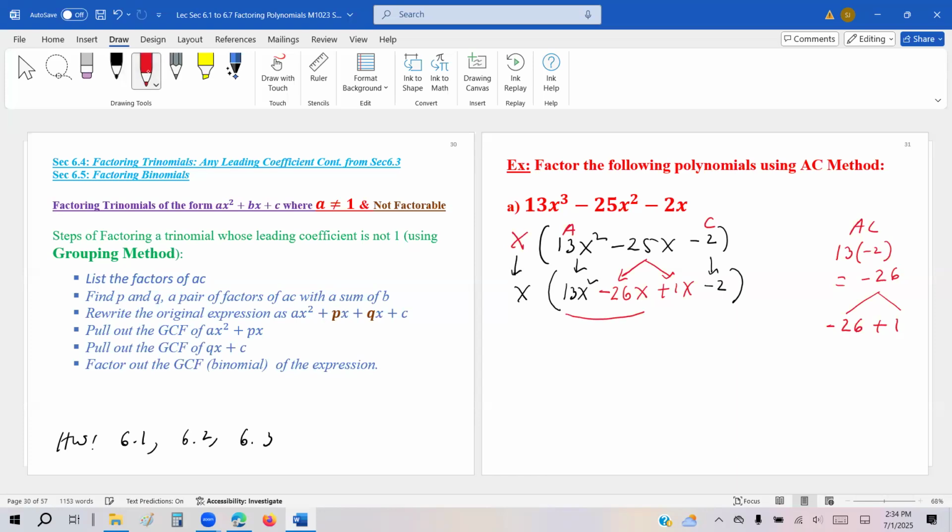So we group them into 2 groups. We still have our x, bring it down. And then we factor by grouping. In the first group, what do you observe? What's the common factor? What's the GCF? 13x, from the number and from the variable.